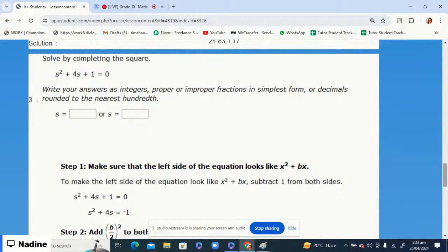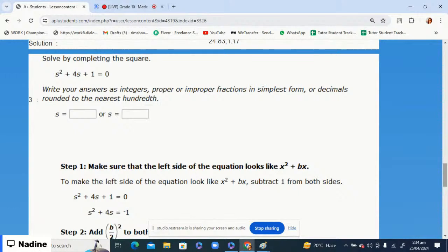First of all, we just see the equation. If the equation is in the form of only x square plus bx, then it's all right.